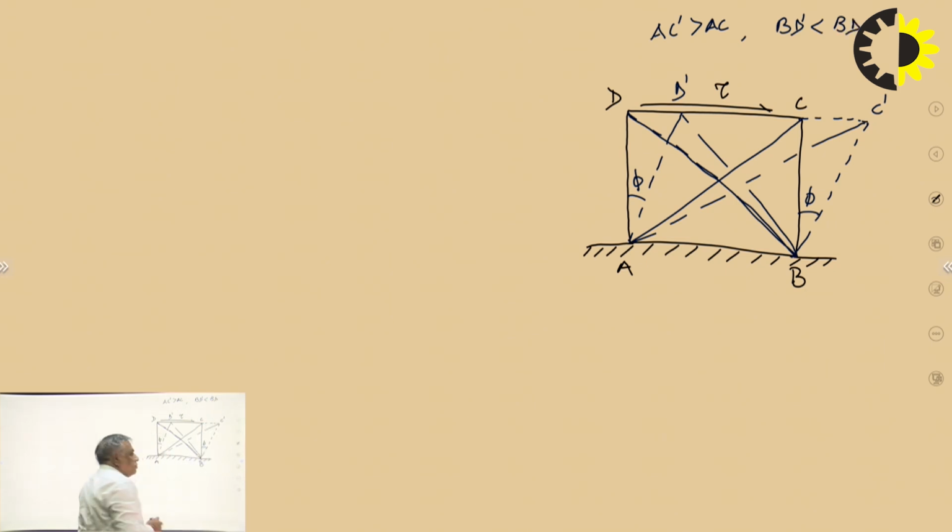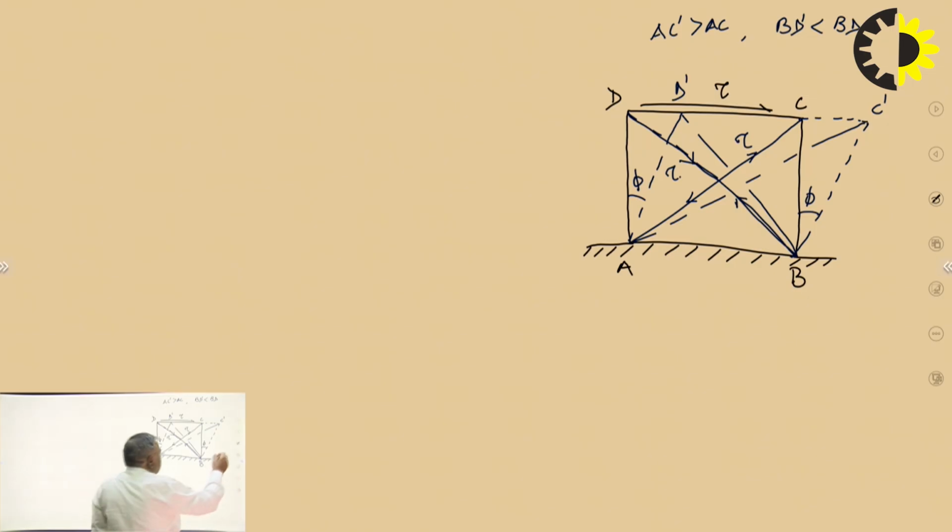So BD is subjected to compressive stresses and AC is subjected to normal stresses, tensile in nature, that is tau in magnitude.